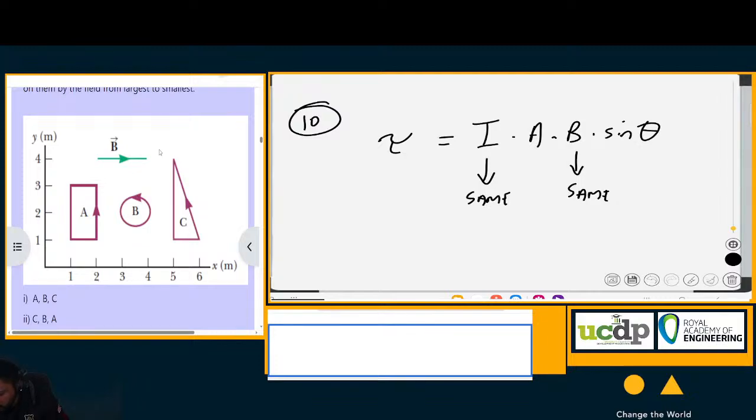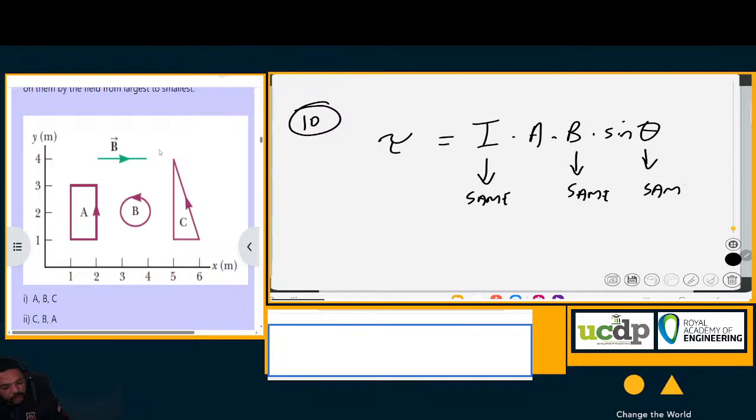Since all these loops lie in the xy plane, the magnetic field is oriented along the x-axis. The normal vector points along the z-axis, so out of the page or into the page, making theta 90 degrees for each. So theta is the same for all of them.